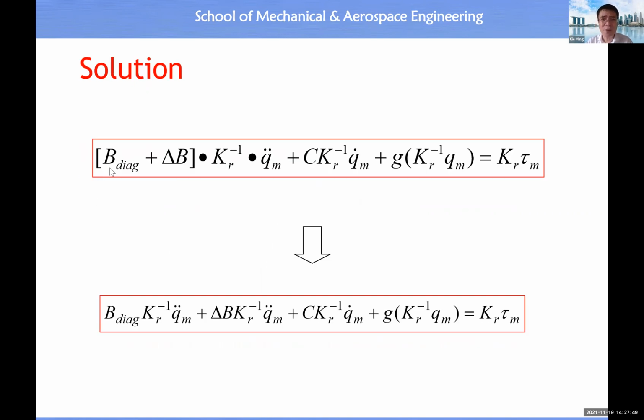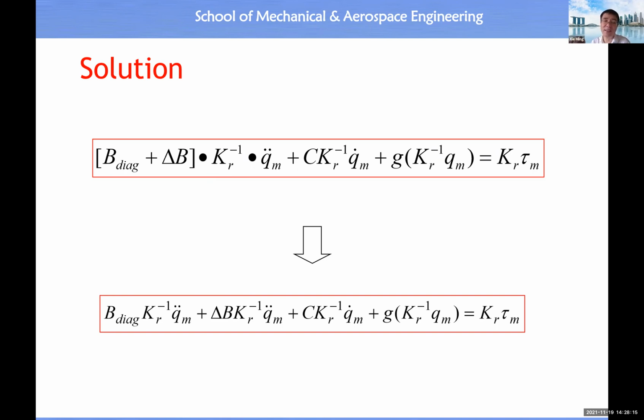So first step, we separate this term into the sum of two, because this is a single term with QM double dot. Now we have two terms with QM double dot. We want to focus on this one, because this matrix is a diagonal one. So it's very meaningful. Later on you will see why to have a diagonal matrix.